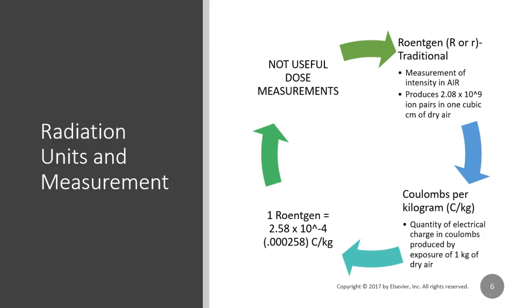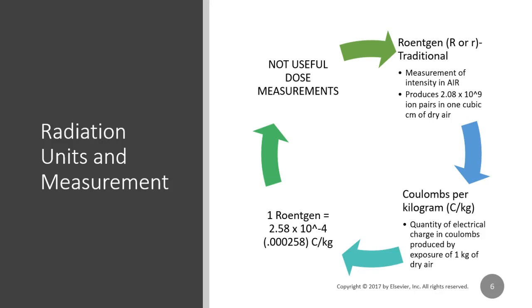So if we look at the SI unit, the SI unit of the Roentgen is coulombs per kilogram, and it's symbolized by C/kg. And it's the quantity of electrical charge in coulombs produced by exposure of 1 kilogram of dry air. So similar, okay? So air is what we're talking about. So it's the measurement in air, okay?